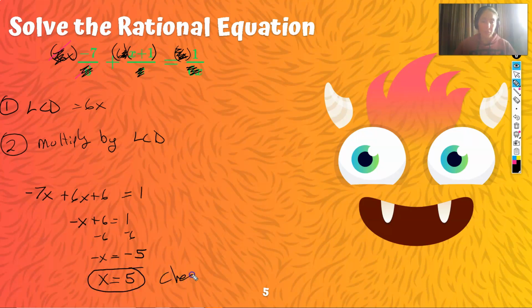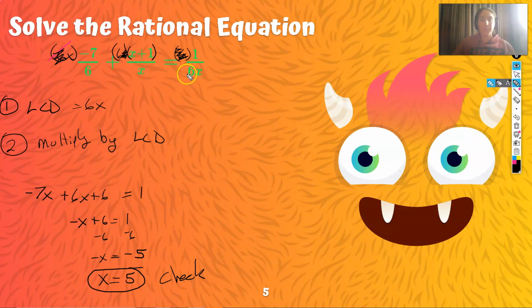Alright, now we need to check. Let me erase some of my madness over here. Does x equaling 5 cause a problem for us? Well, that's a number, that's fine. Can I put 5 in here? Yes. Does it make my denominator 0? No, it makes my denominator 5, which is fine. When I put 5 in here, it makes my denominator 30. Also totally fine.